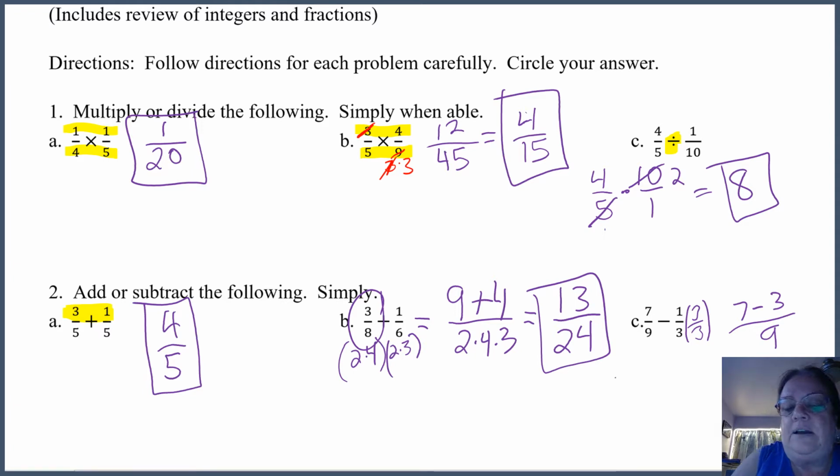If you don't see that, what I've got here is 7 over 9 minus 3 over 9. So now it's 7 minus 3 over 9. So 7 minus 3 is 4/9, and that would be my final answer.